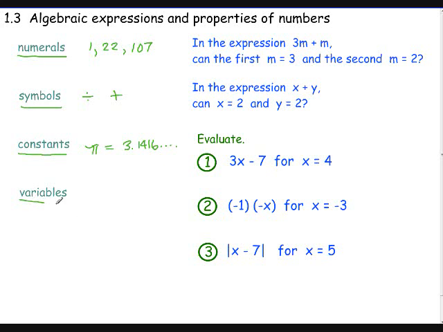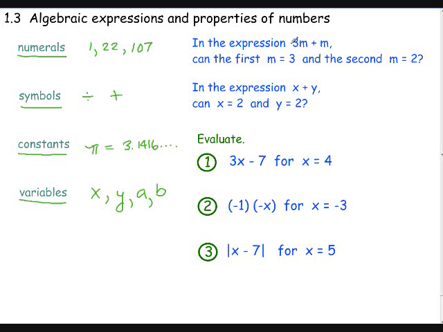Then we have variables. What's an example of a variable? X, Y. We could use A, B, or any letter we like to represent an unknown. In the expression 3m plus m, how many m's do we have here? 1.